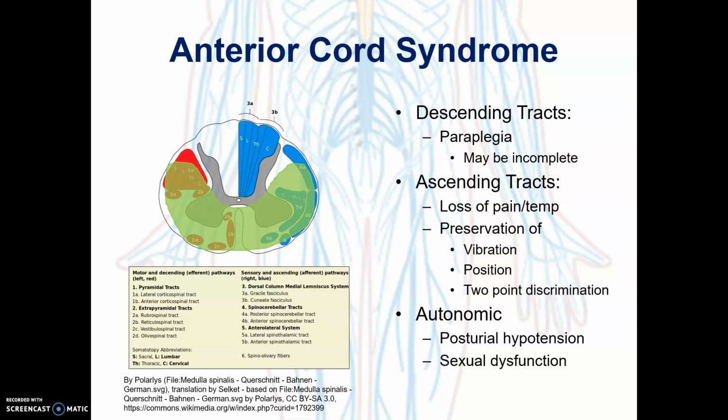These lesions are usually caused by hyperflexion or by non-trauma situations like aortic dissection leading to occlusion of the anterior spinal artery, and this can cause loss of blood supply to the anterior 2/3 of the cord.